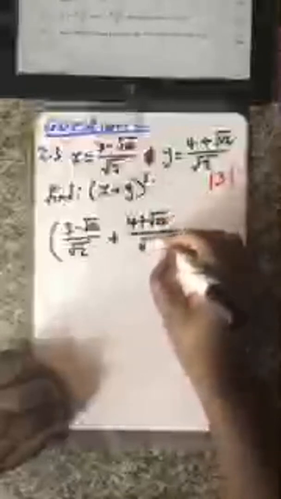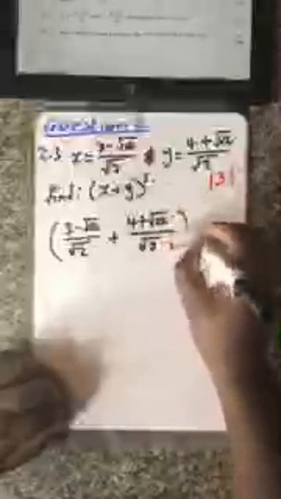So if we substitute all of that information, this is what we have: 3 minus square root of a, all over square root of 2, plus 4 plus square root of a all over square root of 2, then you square. Very much important, guys.